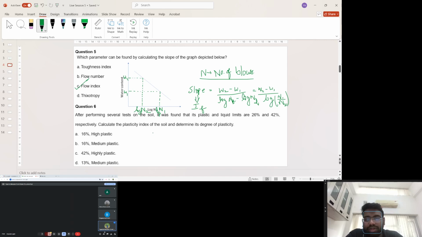So plasticity index is defined as IP equals liquid limit minus plastic limit. Now 42 minus 26 will give us 16%.